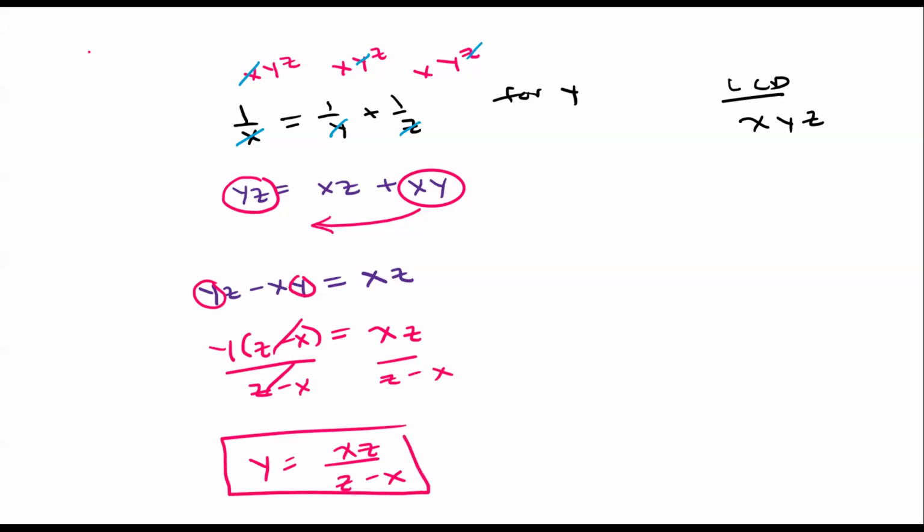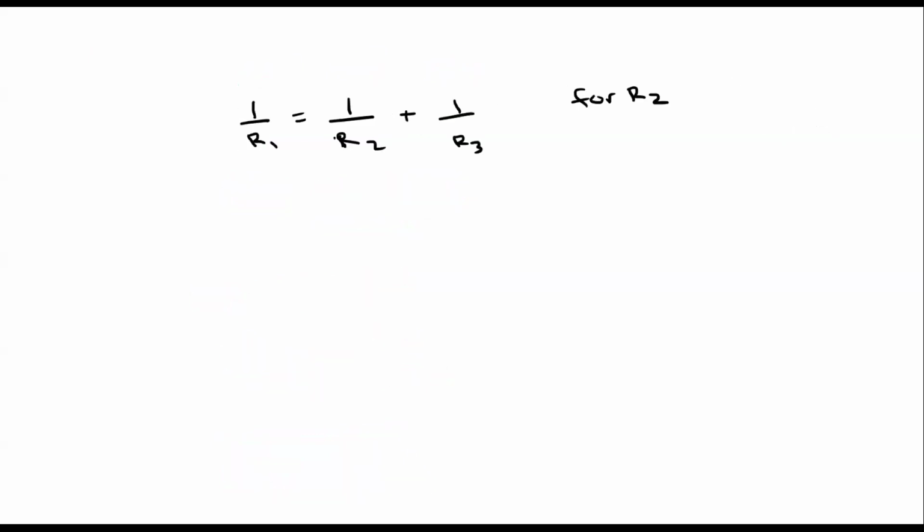All right. So we're going to do exactly the same thing as the one we were doing. Okay, so in this case here, our LCD is going to be those three separate variables, R1, R2, and R3. So our LCD is R1, R2, R3.